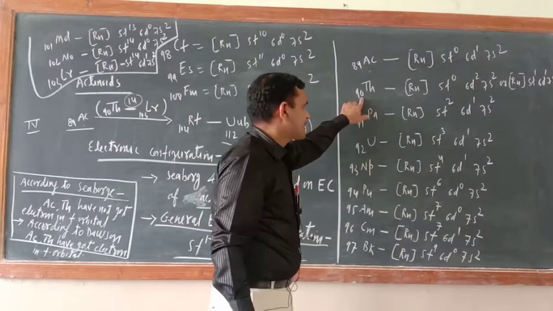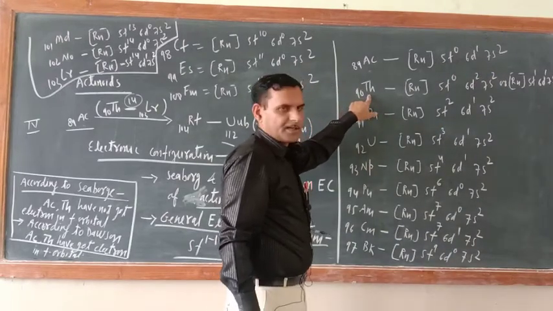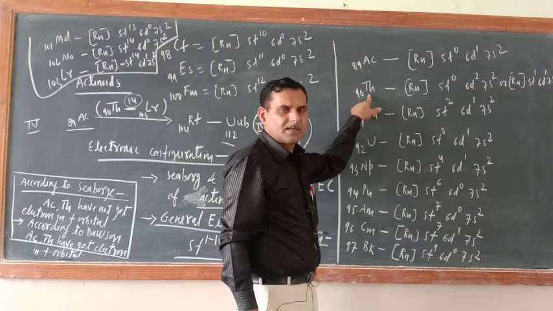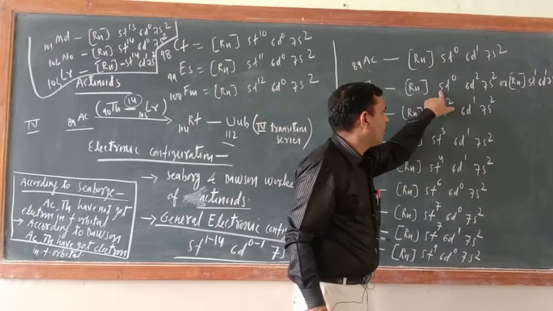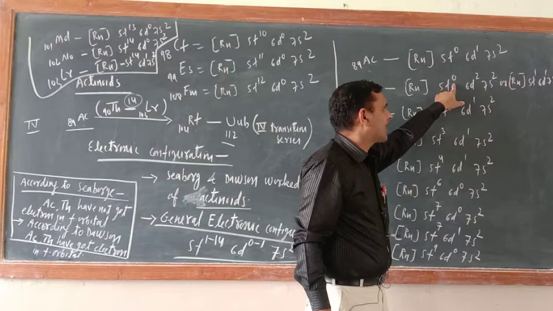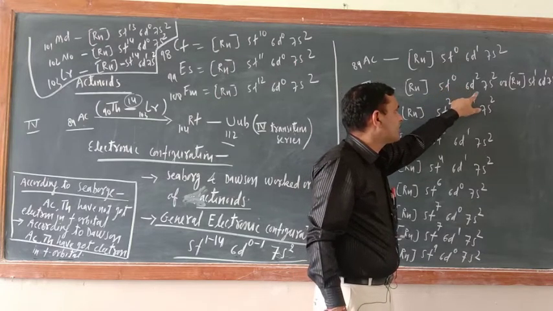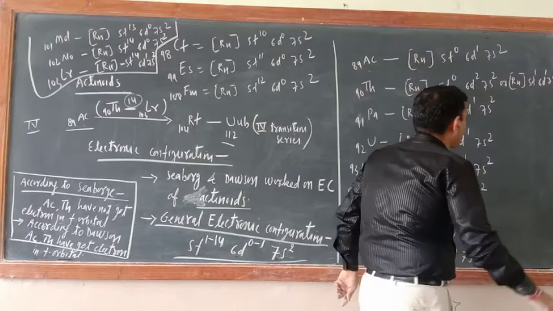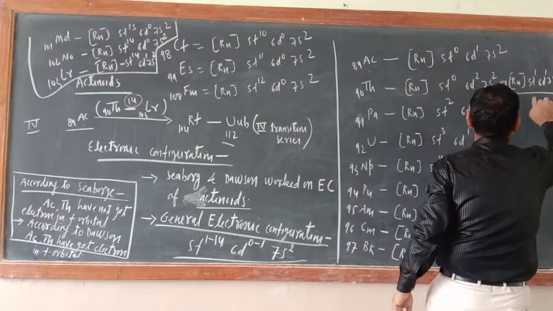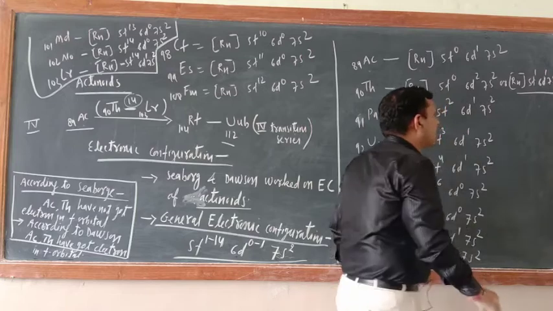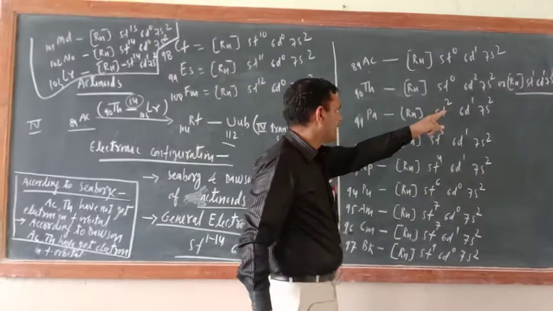Now thorium 90. Of course thorium is a member of actinides, but its 5f orbital has 0 electrons. So this is 5f0 6d2 7s2. But another scientist said no, there is 1 electron in the 5f. So I wrote both there.